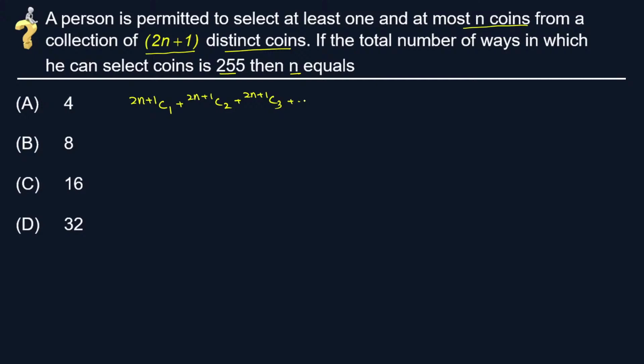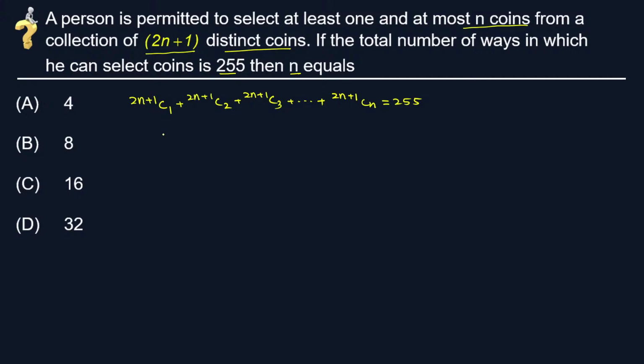And this thing will go on. And maximum he can select n coins, so that can be done in 2n plus 1 Cn different ways. And according to the problem, this is equal to 255.